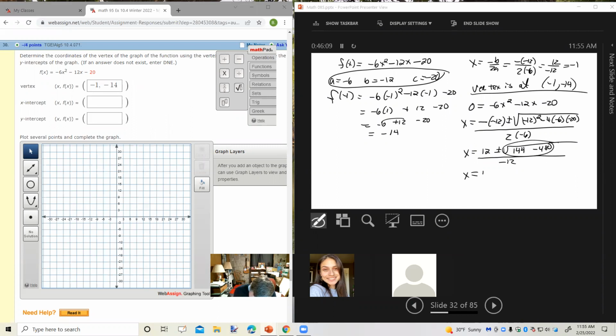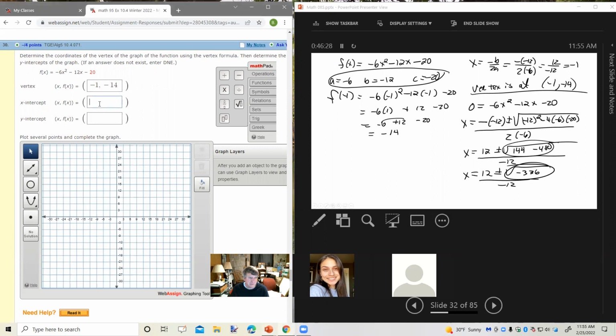So x equals 12 plus or minus the square root of, let's see here, negative 336 over negative 12. Well, the square root of a negative number is not real. So there are no x-intercepts if I've done this correctly. So let's find out.